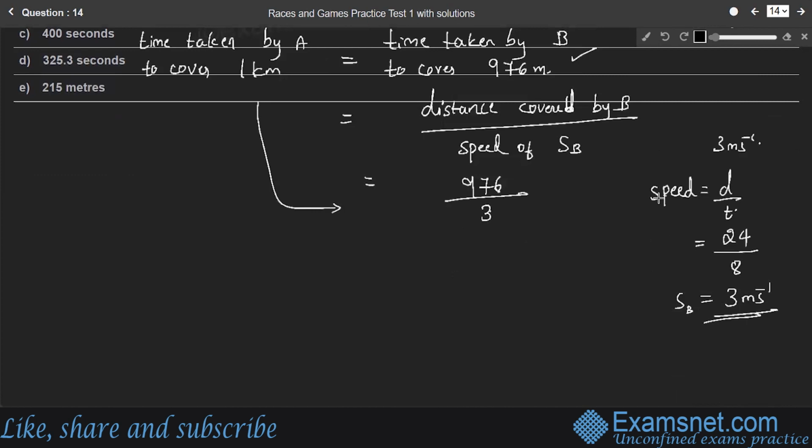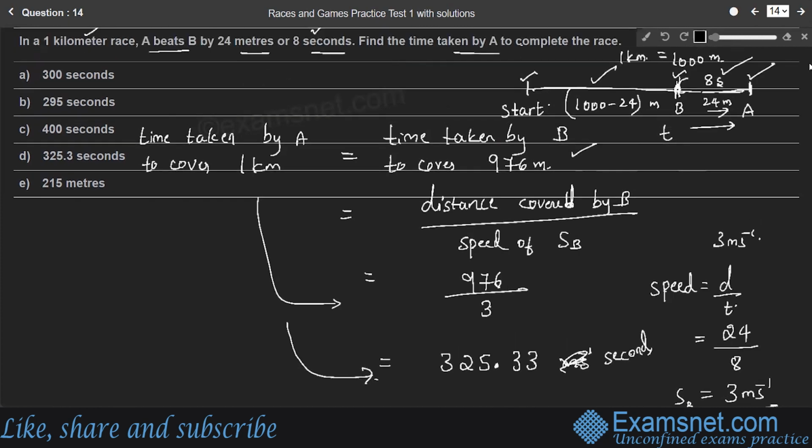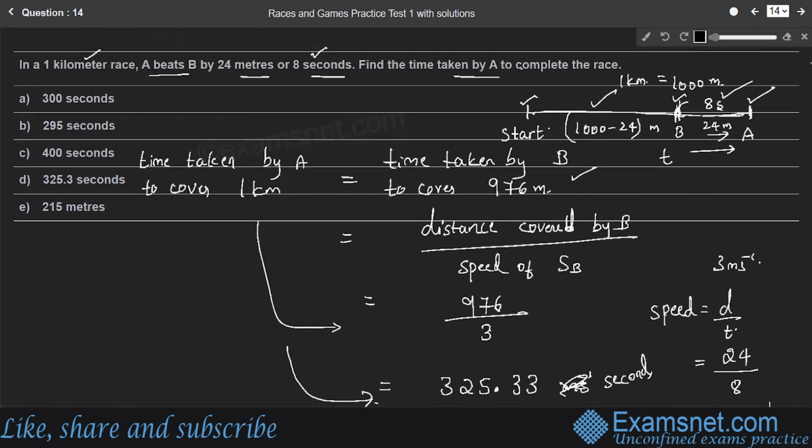Therefore, time taken by A to cover 1 kilometer is 976 by 3, which is 325.33. Sorry, it is not the speed, it is the time taken. 325.33 seconds is the time taken by A to cover 1 kilometer distance. Therefore, to complete the race, A takes 325.3 seconds. Option D is the right answer.